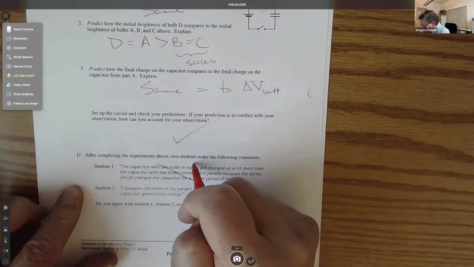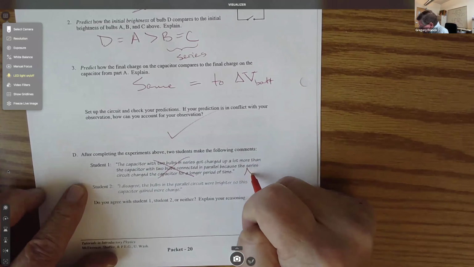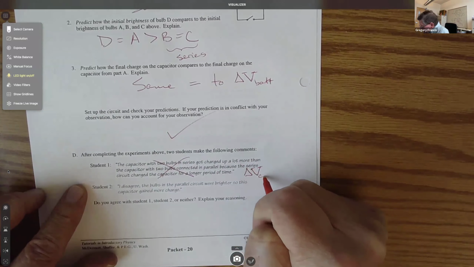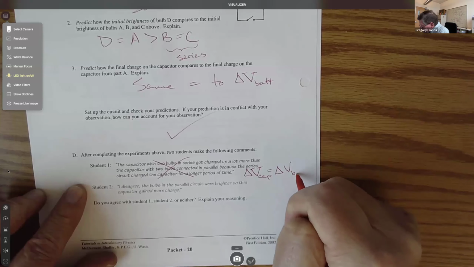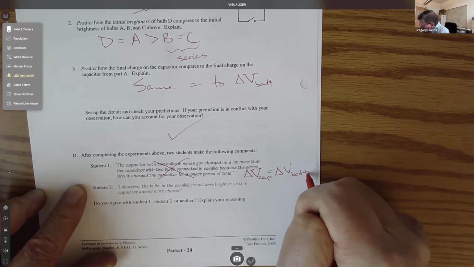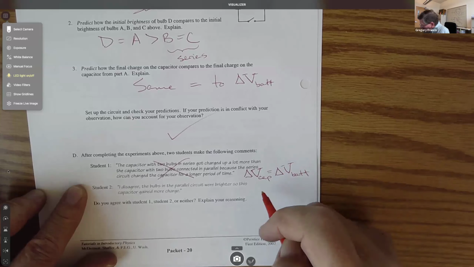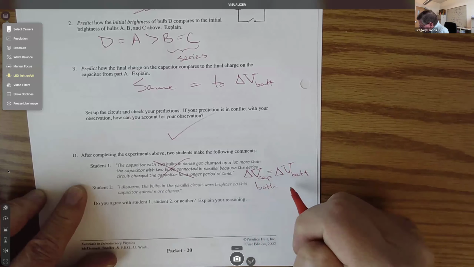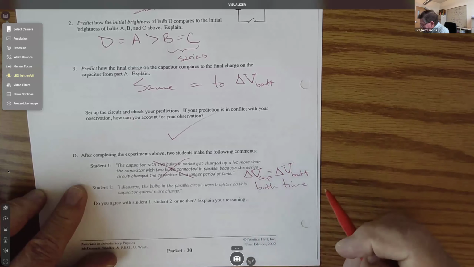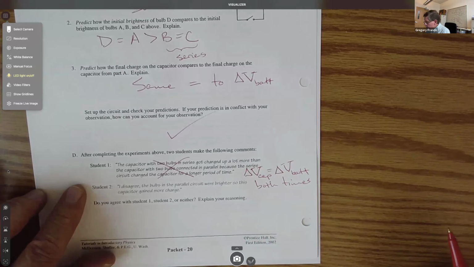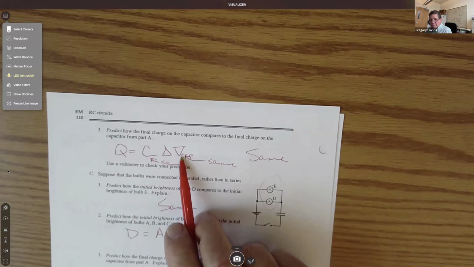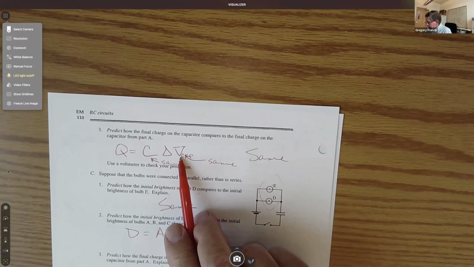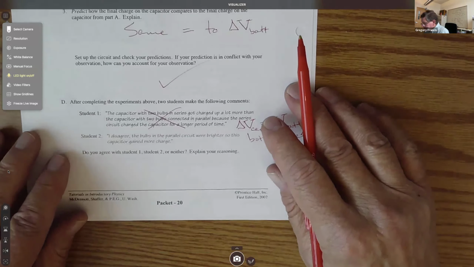Well, we know that that's not true because the voltage across the capacitor ended up to be the voltage across the battery in both experiments, both times. And that means that the charge depends on the voltage across the capacitor. And so if that's going to be the same, then the charge is going to be the same.